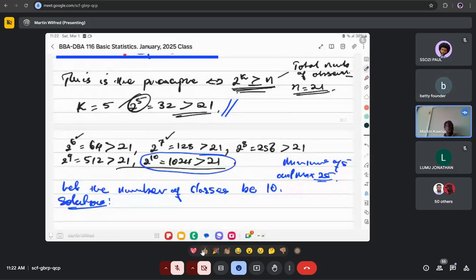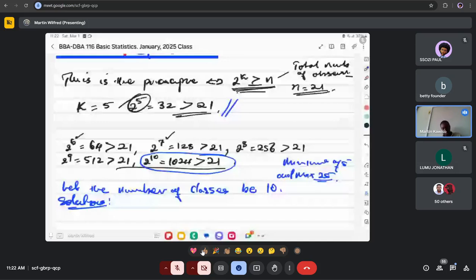If it's big or huge, then we don't expect you to go beyond 25 groups. Now, how do we come up with the appropriate number of classes? We have said that's the principle we use. Then we choose the one that records all our information without leaving out any.